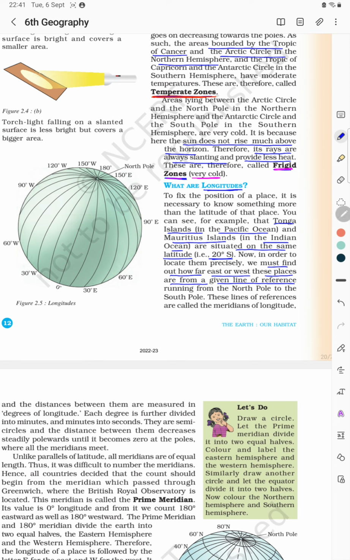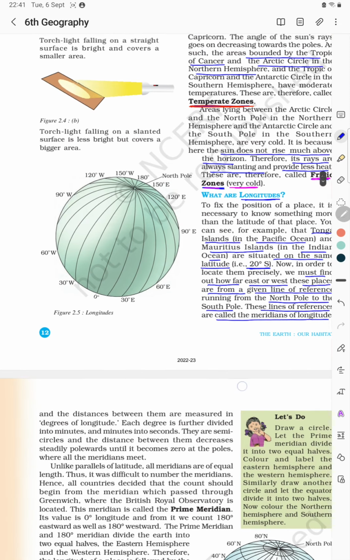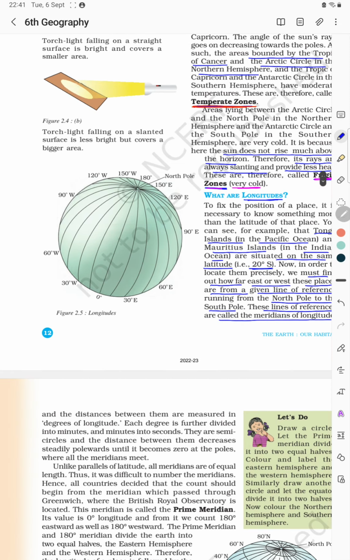The lines running from the north pole to the south pole are called meridians of longitude. As we can see in the figure, these lines run from the north pole to the south pole. They emerge from the north pole and diminish at the south pole. Basically they meet at the poles.